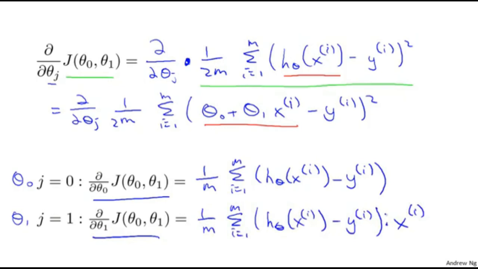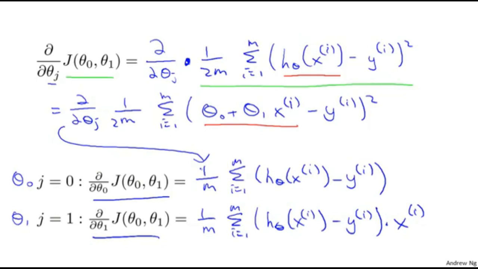Computing these partial derivatives, going from this equation to either of the equations down there, requires some multivariate calculus. If you know calculus, feel free to work through the derivations yourself and check that if you take the derivatives, you actually get the answers that I got.